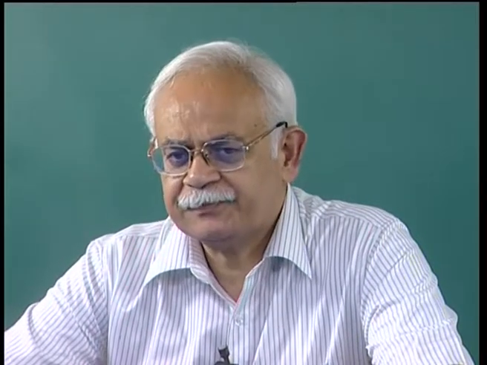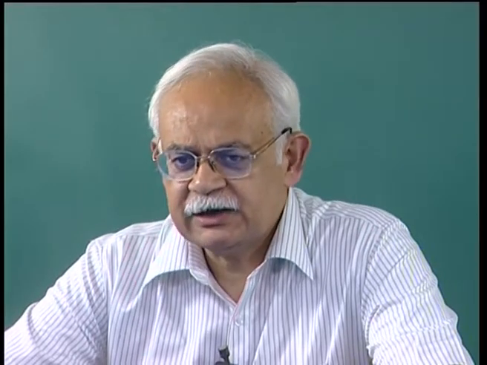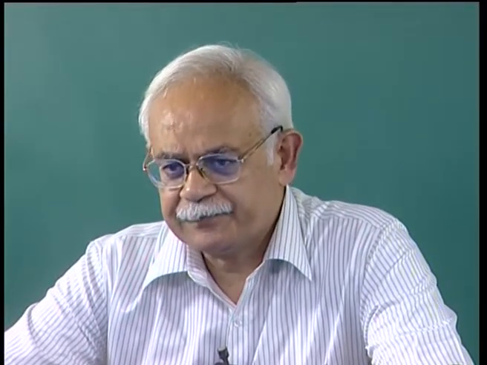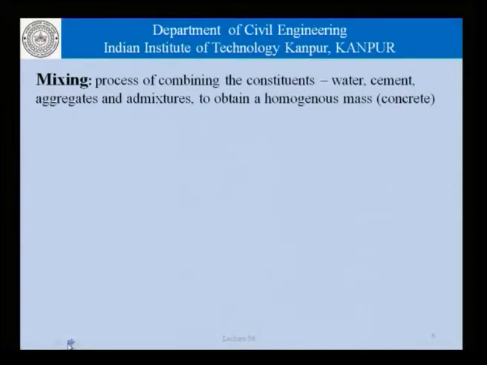We have to get a uniform, homogeneous mix, and there are different ways of doing it. Mixing is the process of combining the constituents, water, cement, aggregates, that is coarse and fine, and admixtures to obtain a homogeneous uniform mass, and that is what we call concrete.